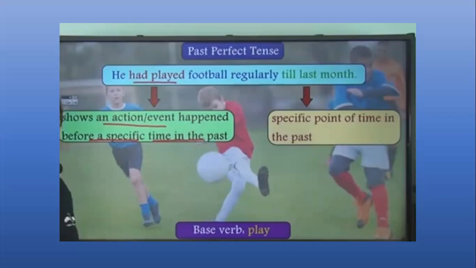Second, the action happened before a specific time in the past, and the specific point of time given here is till last month. Base verb is play. The past participle of play is played. And past perfect is had played.